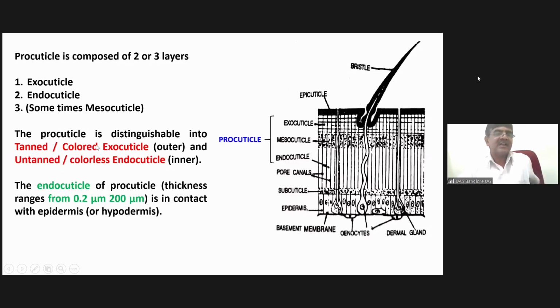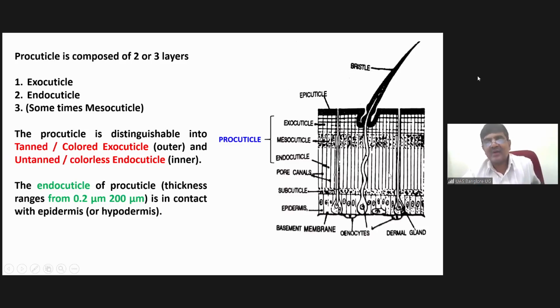In other words, exocuticle is colored, whereas endocuticle is a colorless layer. I already told you the endocuticle of the procuticle ranges from 0.2 to 200 micron.